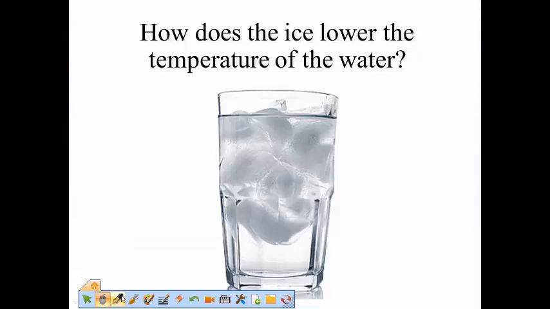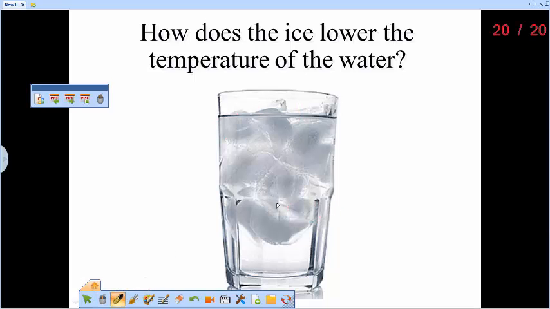So when you put ice into your water, the cold does not jump out of the ice and get in the water to make the water cold. In fact, the ice absorbs the heat. It's an endothermic process of the ice going from its solid to its liquid state.